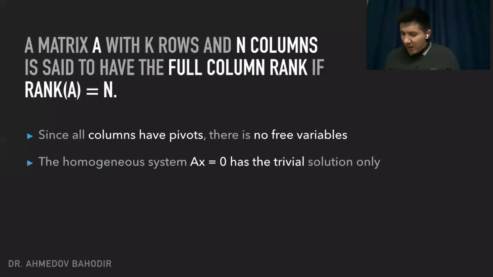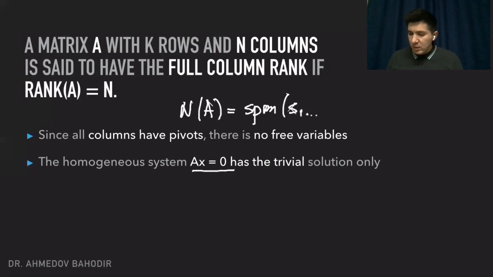It means that the system Ax = 0 is always going to have a unique solution, the trivial solution, because there are no special vectors. You remember the null space was always the span of the special solutions s1 through sk plus the 0 vector. In this case, there is no special solution, so the null space contains only the 0 vector.